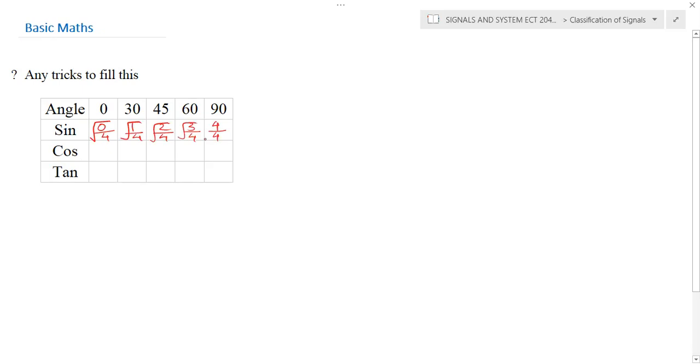So you will get the first quantity, sine 0, as 0, and the next term, sine 30, is 1 by 2, sine 45 is 1 by root 2, sine 60 becomes root 3 by 2, and sine 90 is simply 1.